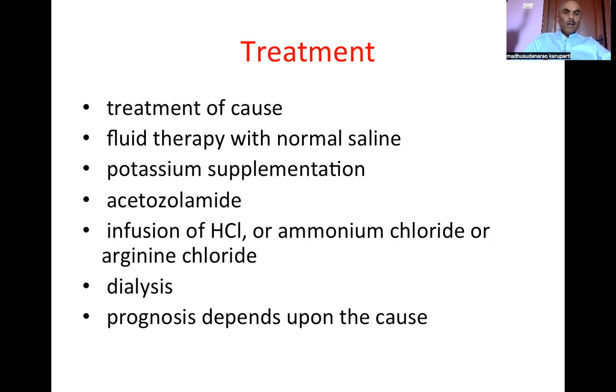Infusion of HCl or ammonium chloride or arginine chloride is going to correct the alkalosis associated with hypochloremia. And in resistant cases, proceed with dialysis. Prognosis depends upon the cause.